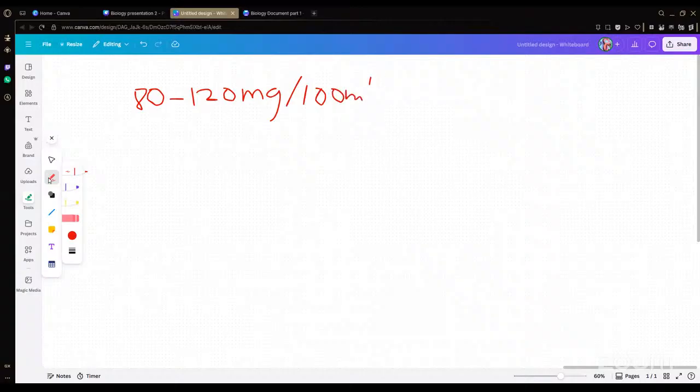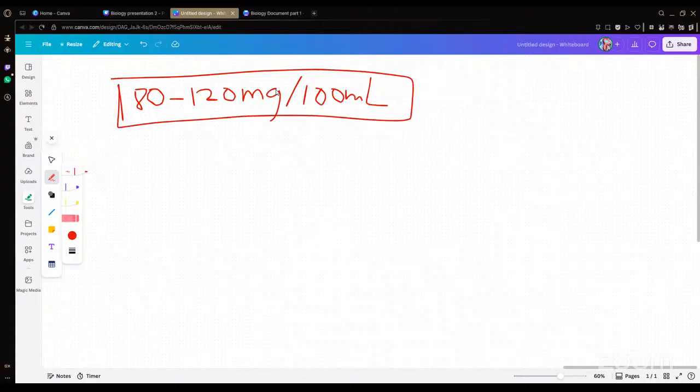So in 100 milliliter of blood, you're supposed to have 80 to 120 milligrams of glucose. If it exceeds or decreases below that value, there's going to be a loss in the maintenance of homeostasis. This is the constant level and it has to be maintained within this range. When this range changes, our homeostatic system acts.